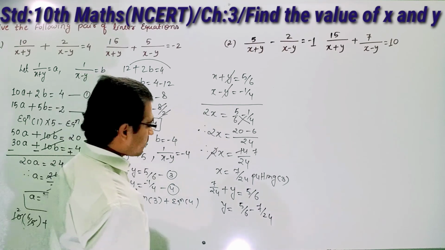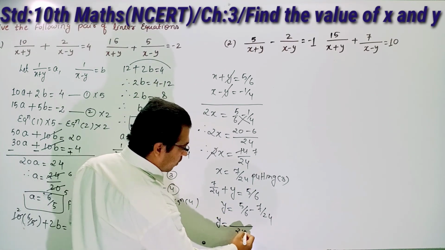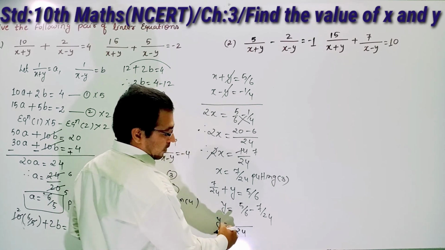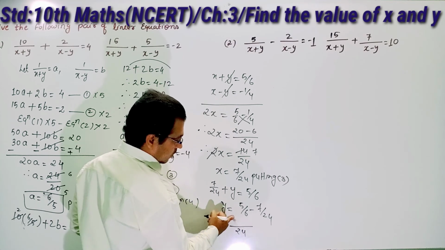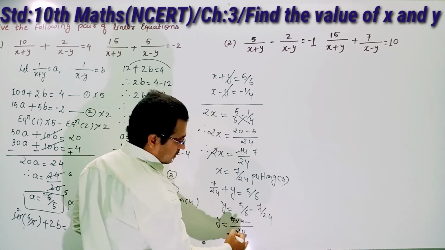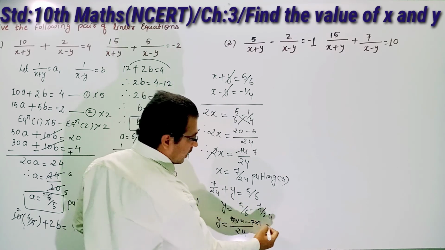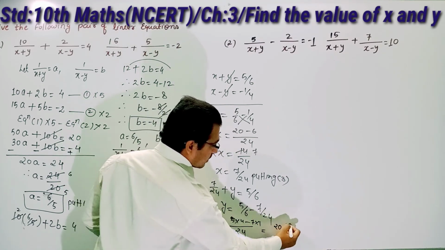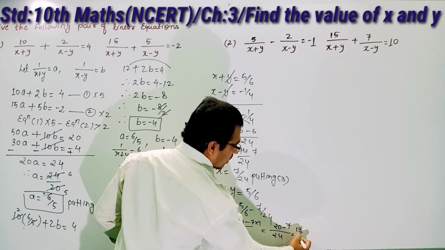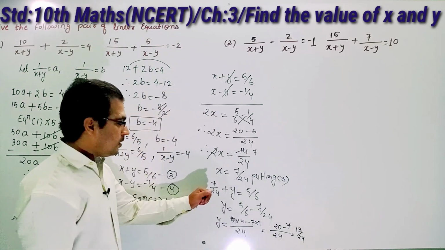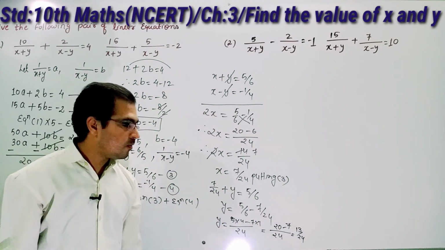Okay students, so the value of y will be what? 24 will be the LCM, 24 divided by 6 is 4. So 5 into 4 minus 24 divided by 24, 1, 7 into 1. So what we are getting: 20 minus 7 divided by 24, which means 13 upon 24. In this way we can find the value of x and y.